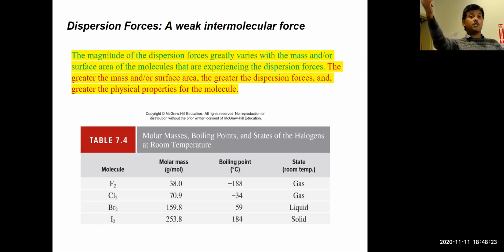So if someone asks you why chlorine is a gas and iodine is a solid, now you know how to explain. You will explain that intermolecular forces play a major role in determining the physical state of a molecule. Because Cl2 is a smaller molecule, it has a smaller surface area, so it has smaller dispersion forces.